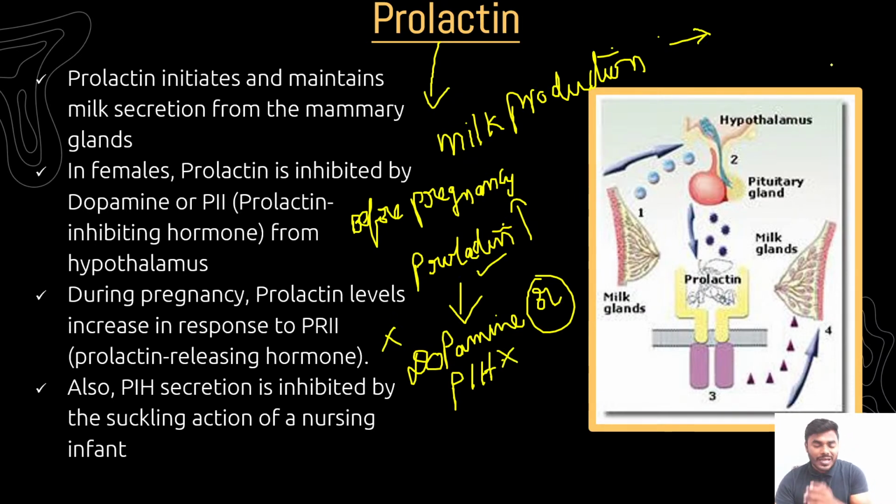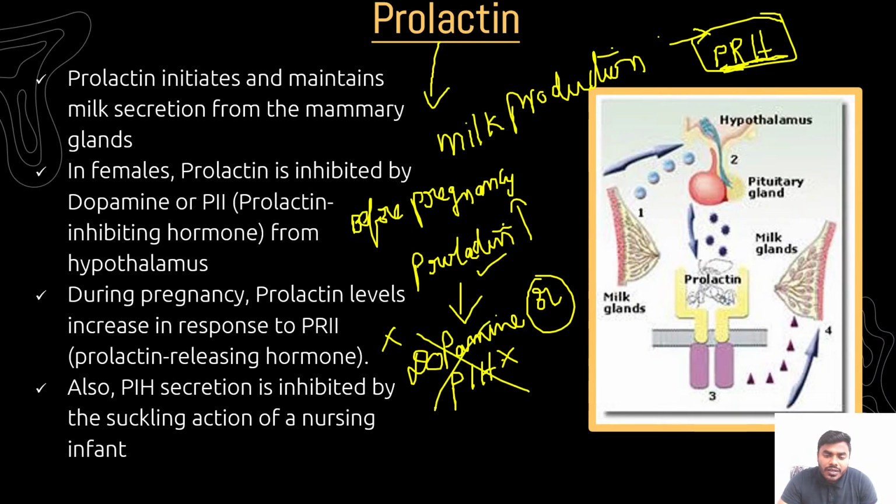Now the question is very clear. How can we block the dopamine? How can we block the PIH? We can block the dopamine or the PIH with the help of a hormone called PRH. What is PRH? Follow me friends correctly. Prolactin releasing hormone is the name of the hormone which blocks. What is it blocking?